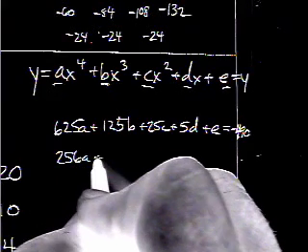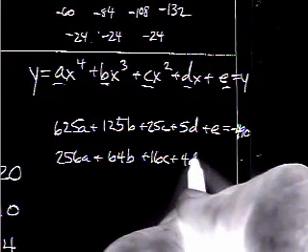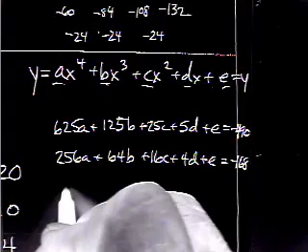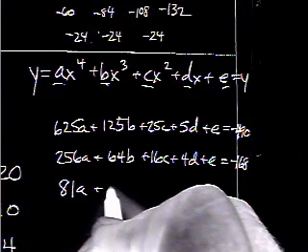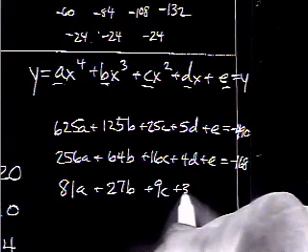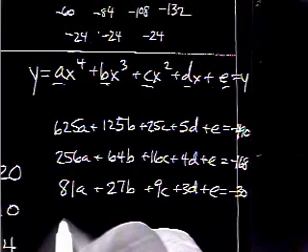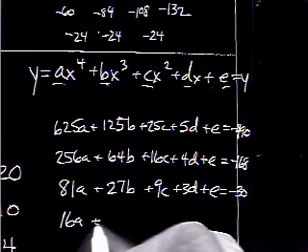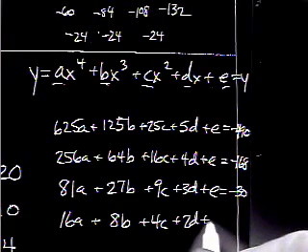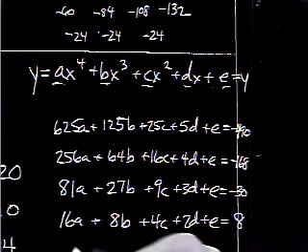We got 256a plus 64b plus 16c plus 4d plus e equals negative 168. 81a plus 27b plus 9c plus 3d plus e equals negative 30. 2 to the 4th, that's 16a plus 8b plus 4c plus 2d plus e equals 8.